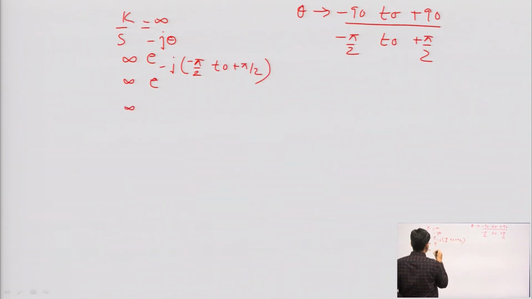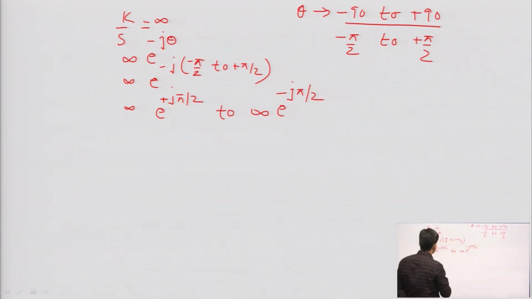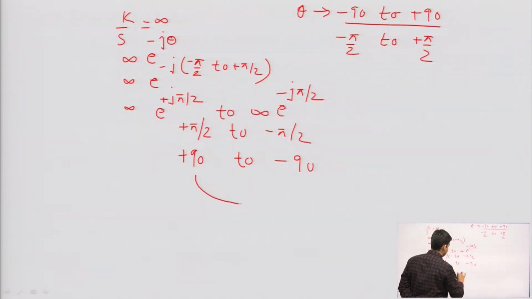If we solve it, minus minus becomes plus, so it is from infinity exponential of plus j pi by 2 to infinity exponential of minus j pi by 2. It means this curve will move from plus pi by 2 to minus pi by 2, that is plus 90 to minus 90. It means we have to move in the clockwise direction to map S4.